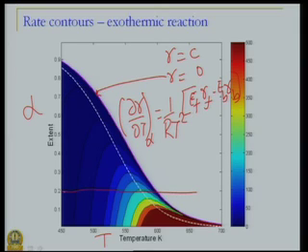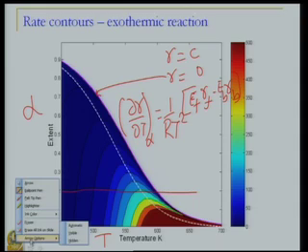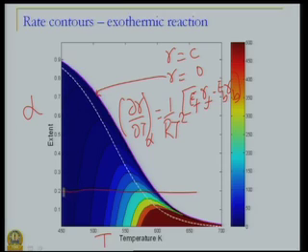Low reaction rates. Reaction rates are increasing as we are traveling along this.